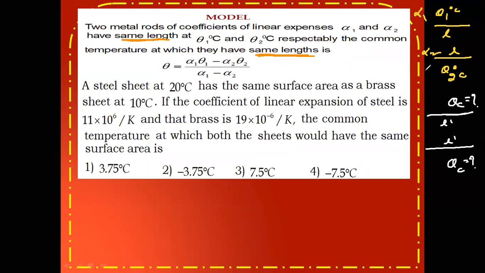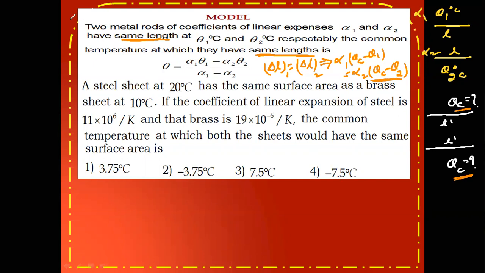So what is the condition here? The linear expansion of the first rod and the linear expansion of the second rod are both the same only. So from this I can say their initial lengths are the same only. So you can use alpha 1 into (theta c minus theta 1) is equal to alpha 2 into (theta c minus theta 2). You know, theta c is the common temperature at which the lengths of the rods again have the same value.